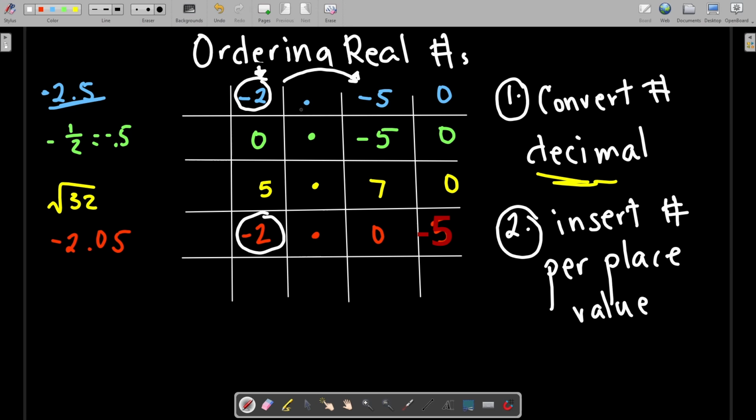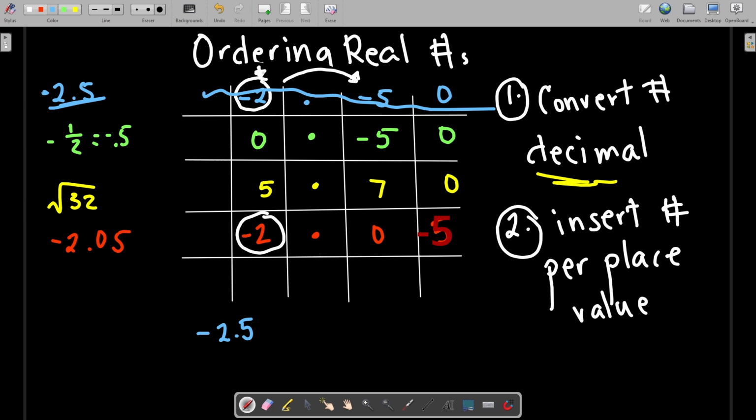Let's compare between negative 2.5 and negative 2.05. Which is a lesser number, negative 5 or 0? Answer is negative 5. So what is our first number on least? It is negative 2.5. Cross that out. Done.